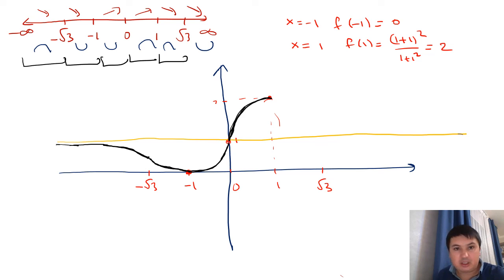So until here, I have concave down and decreasing, something like this. But then it still keeps decreasing, but it needs to become concave up. So concavity changed, but it is still decreasing. Okay, so this is more or less the graph of this function.